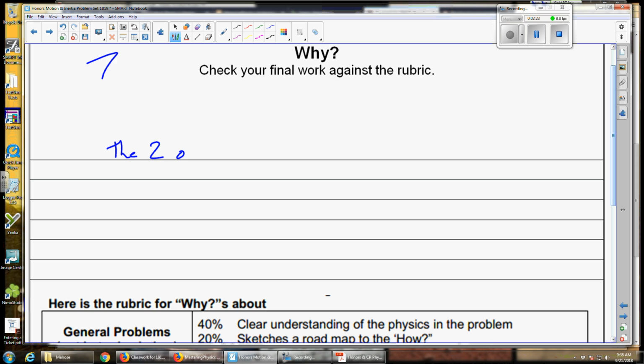The two objects must be at same place, same time.